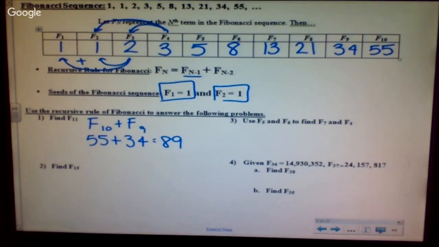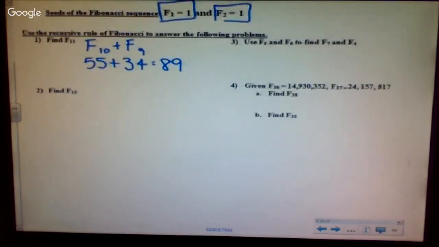This one down here, they want us to find f sub 15. Well, we got f sub 11, but I need to get 12, and then 13, and then 14 before I can even think about getting 15. So I need to find f sub 12. 89 plus 55 is 144.